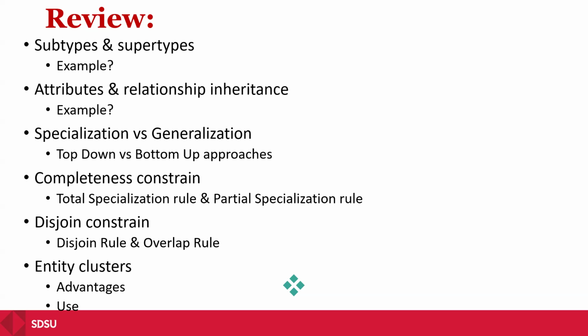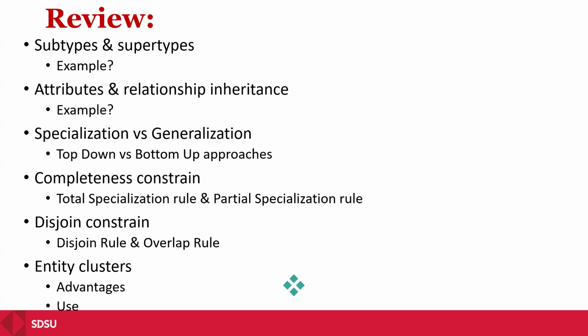Disjoint rule means that the instance of the supertype can represent, at a certain moment of time, only one instance of the subtype, and overlap rule states that supertype can be one or more subtypes at the same time.